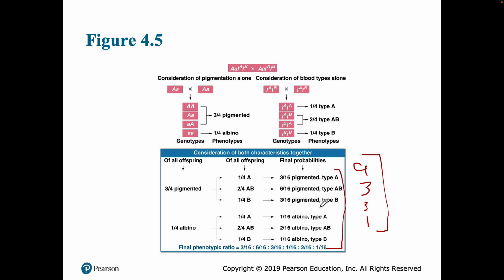Now, I don't expect you to remember off the top of your head what the ratio is, because when you have extensions of Mendelian genetics, the ratios can be different depending on the inheritance patterns. But I do want you to be able to generate an image or the equations, something like this.